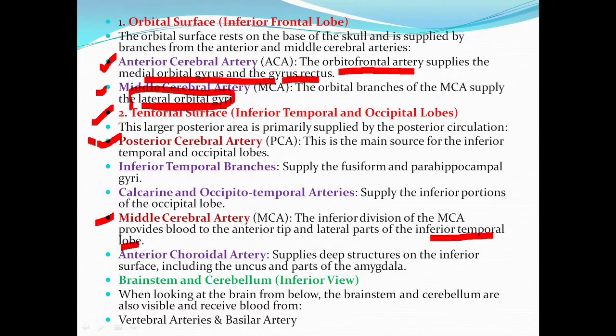And also the posterior cerebral artery is the main source of blood supply to the tentorial part of the temporal lobe and the occipital lobe. They supply mainly the parahippocampal gyrus and the lower down calcarine portion, and the occipitotemporal artery supplies the occipital lobe.